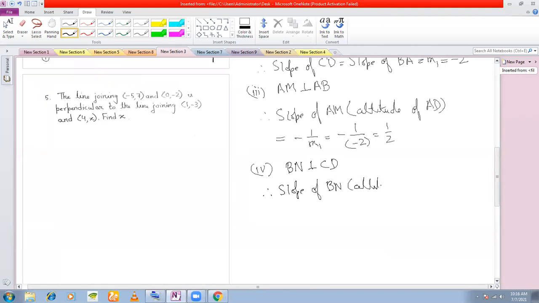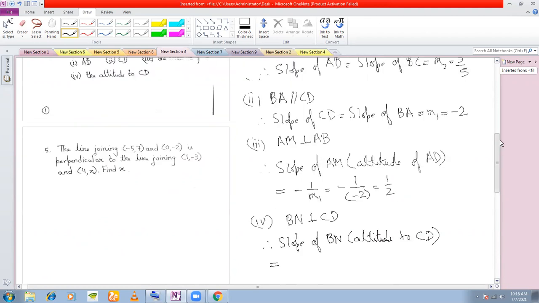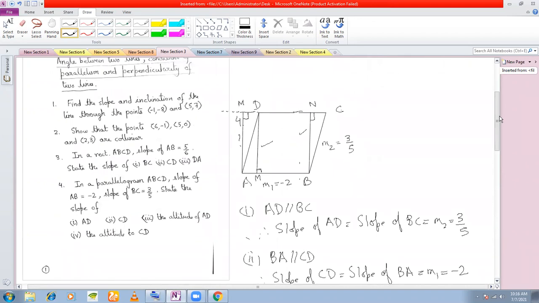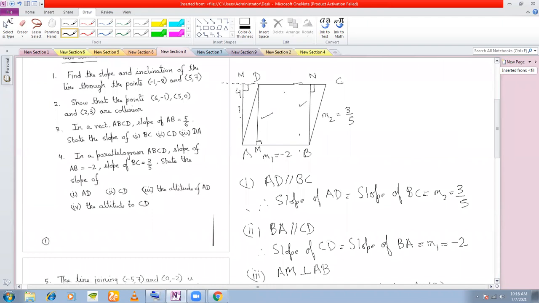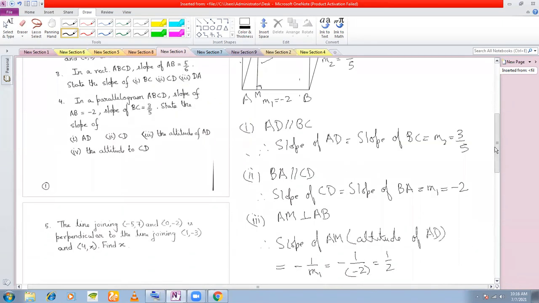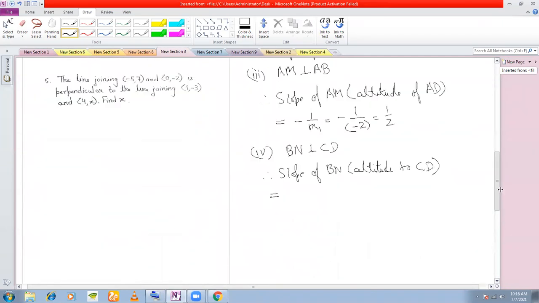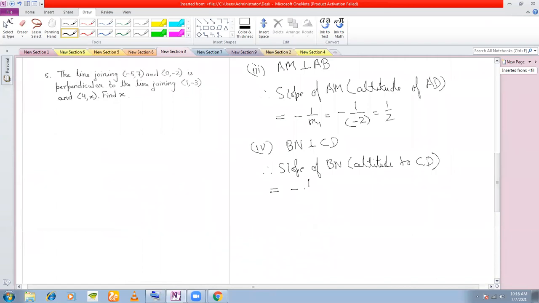Altitude to CD is equal to slope of, CD is how much? Slope of CD we have found out here, isn't it? It is -2. So it is equal to -1 by -2, which is equal to half.